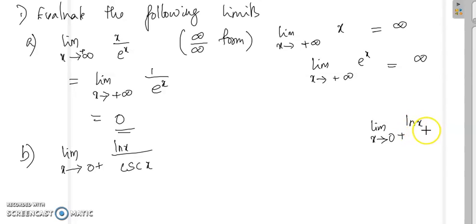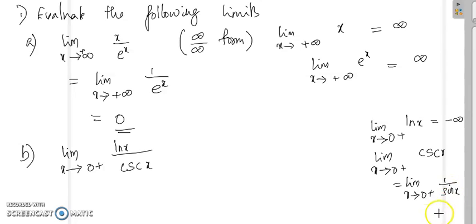When you take ln of 0, it goes to minus infinity. So here you have minus infinity, and limit x tends to 0 plus cosec x, that is 1 by sin x, so 1 by 0, that will be infinity.